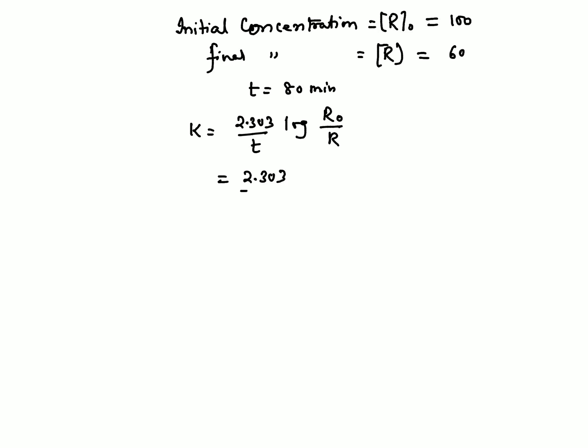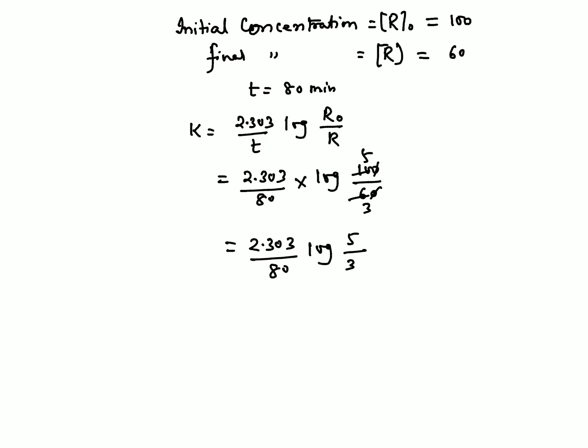So now find out the value. K is equal to 2.303, time is 80, log 100 by 60. Cancel: 2 5s are 10, 2 3s are 6. So 2.303 by 80 log 5 by 3.